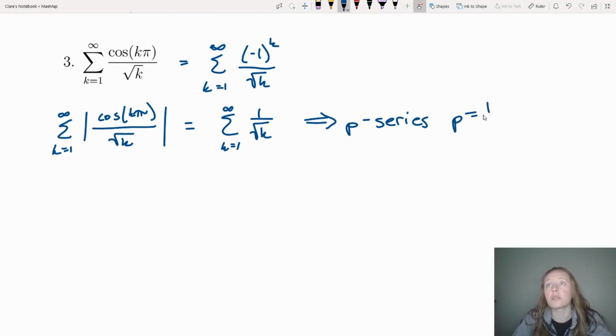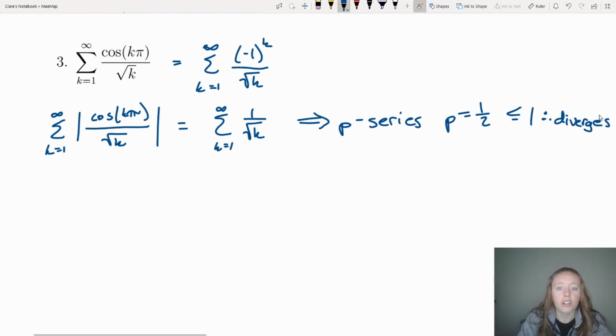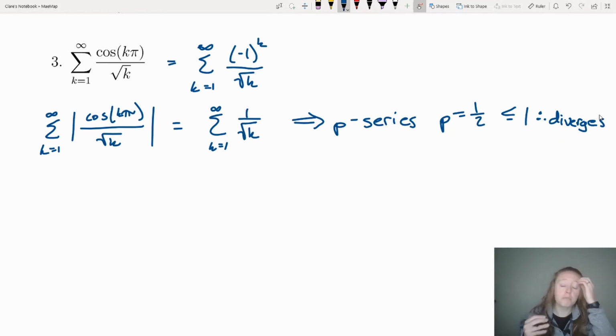So since p is equal to 1/2 and that's less than or equal to 1, we know that this absolute value diverges. So because the absolute value diverges, we're going to need to do a little bit more work. But we've eliminated the fact that we're going to converge absolutely. So we're either going to have conditional convergence or we're going to diverge.